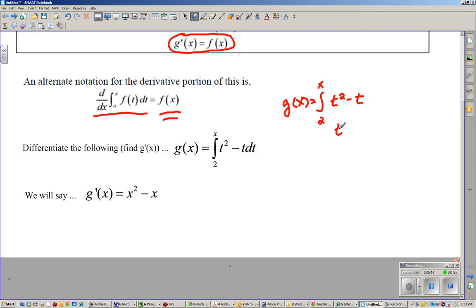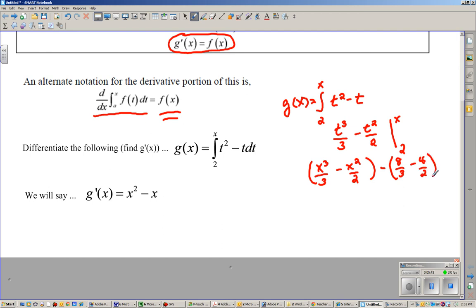That is, we took the antiderivatives and then we actually applied these upper and lower limits. So wouldn't we get x cubed over 3 minus x squared over 2? And wouldn't that be our upper? And then we'd put in the lower, and wouldn't we get 8/3 minus 4/2?